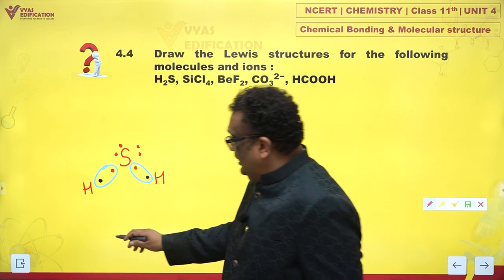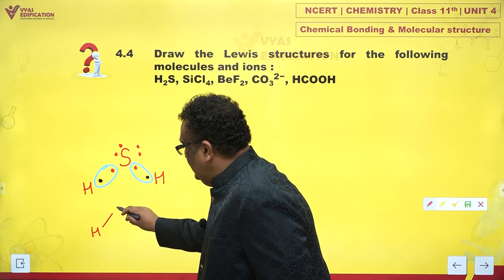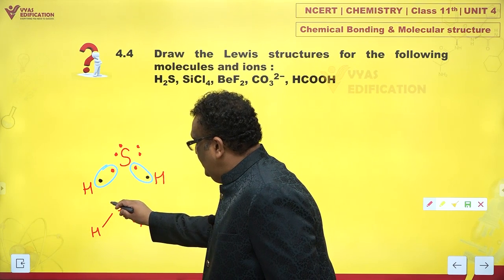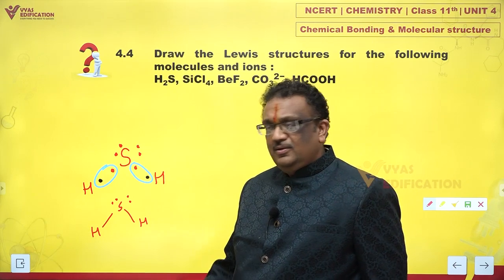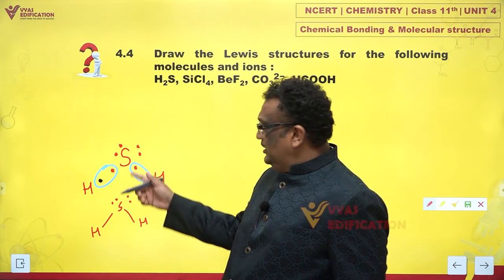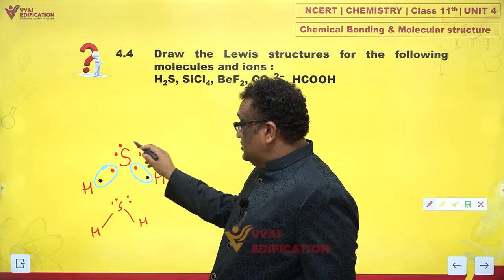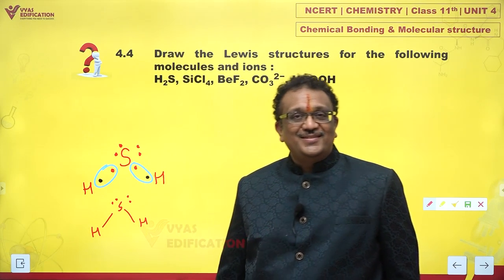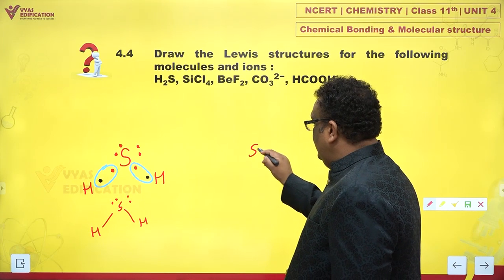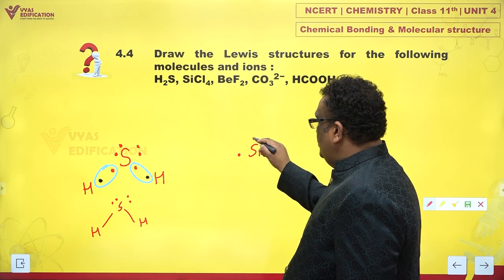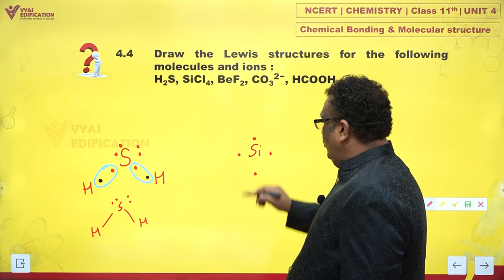Otherwise, you could also write it like this: H, S, H. And sulfur has 2 electron pairs which are just lying unshared. So these are also called lone pairs. That's H2S.